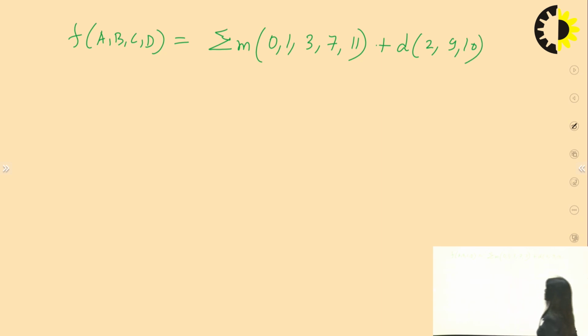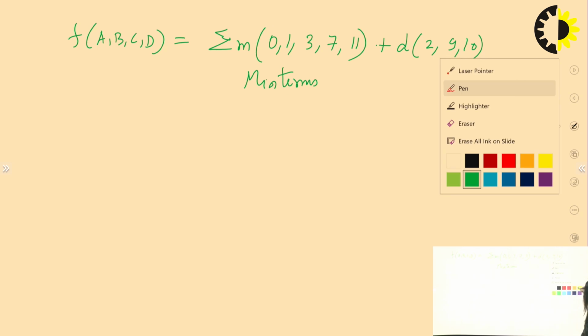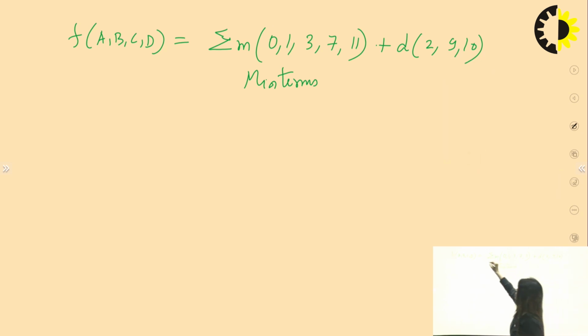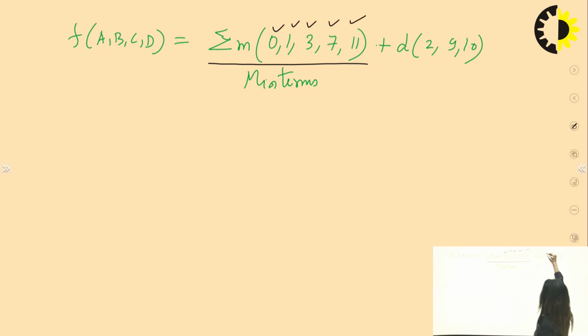Okay. So these are called min terms. And learn that 0, 1, 3, 7 are min terms and 2, 9 and 10 are don't care conditions.